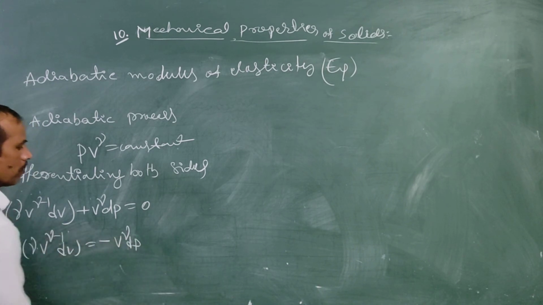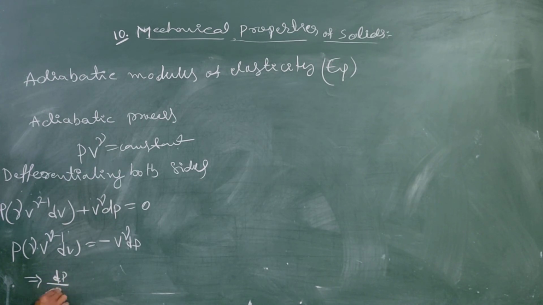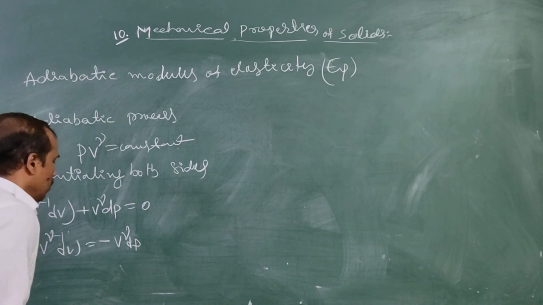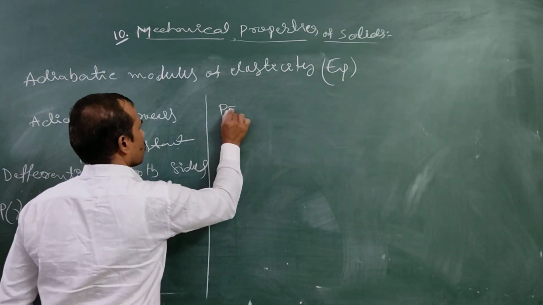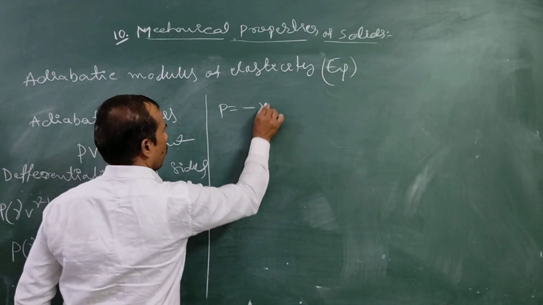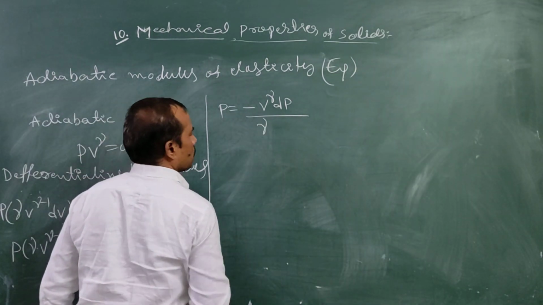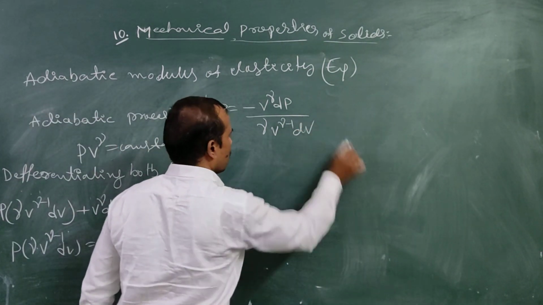Now this simplifies. dP by P is equal to, one step: here we want just P, so P is equal to minus V power of gamma dP divided by gamma V power of gamma minus 1 dV.